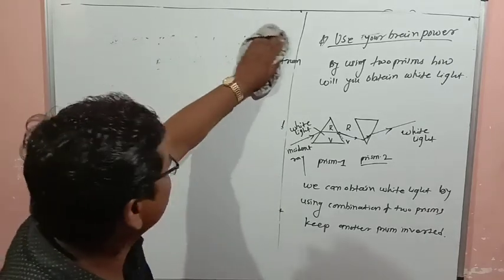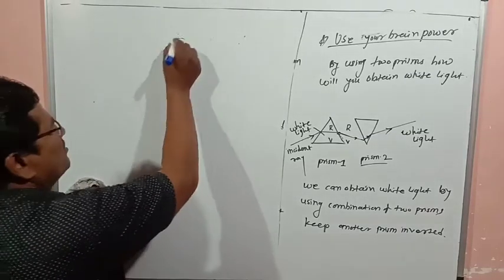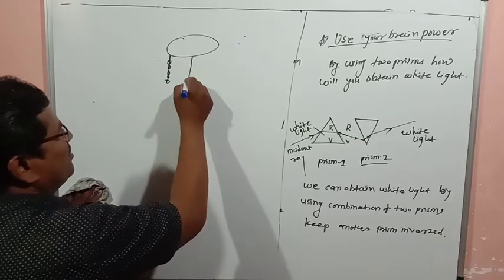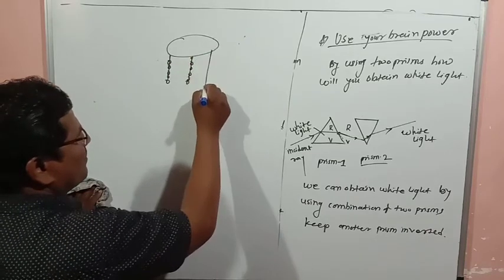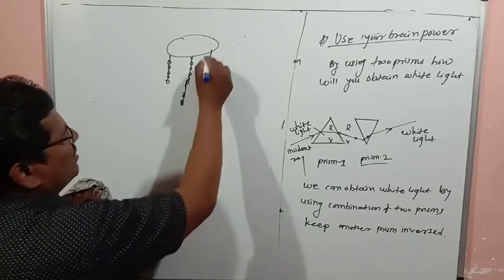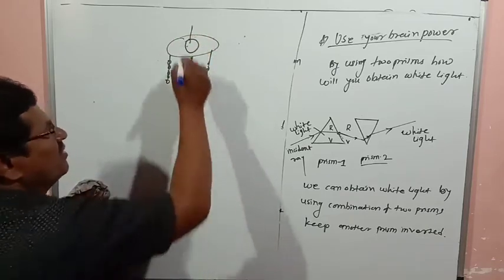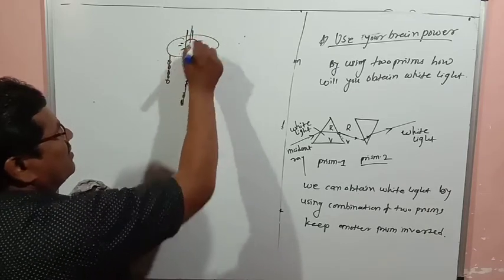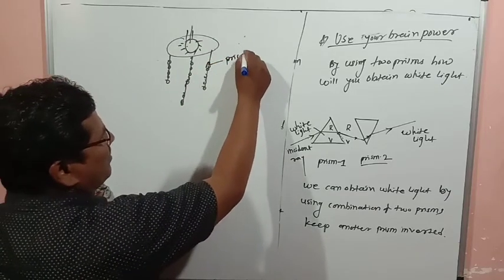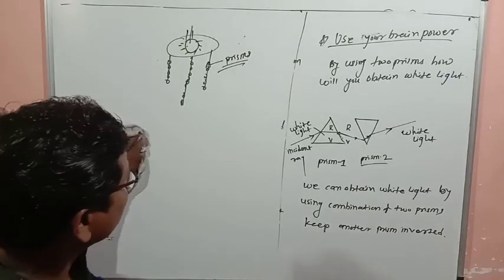In Marathi you say Zumbar. Suppose in your house you are using decorative material like a chandelier. Here in the middle you are fixing one bulb, and light will emerge out, but here you are using different prisms. What is the question?